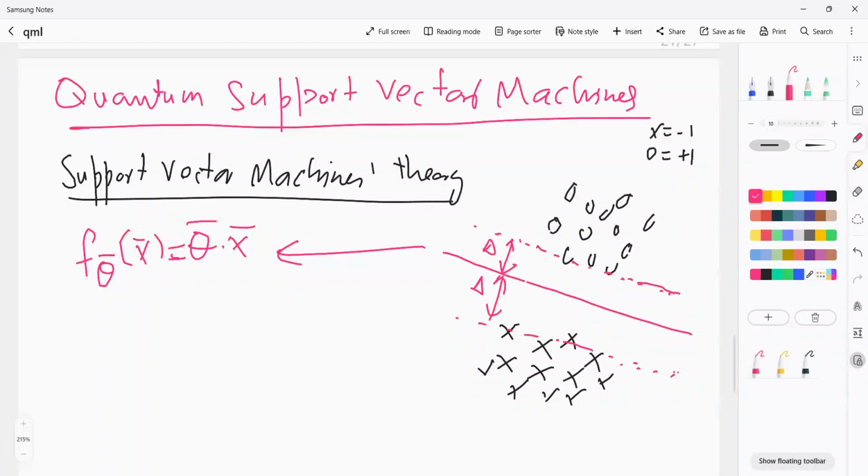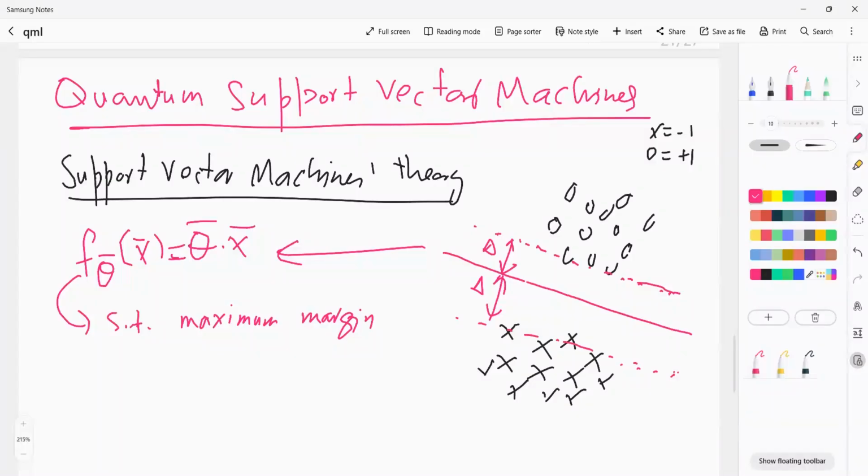And we want to find a separator or a hyperplane which makes this delta maximum. So we are looking for a plane such that it has maximum margin.